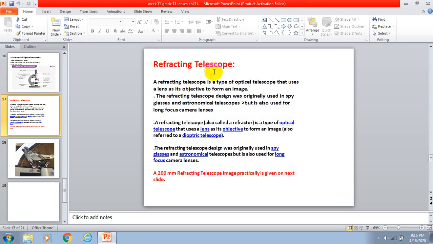Now we have the refracting telescope. Refracting, look at it, not the reflection one.